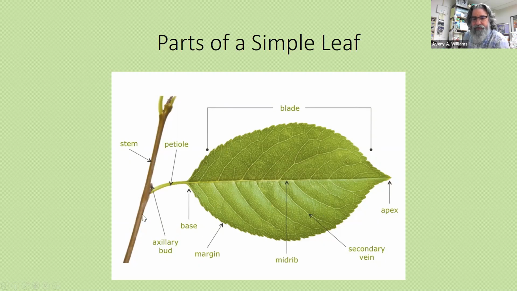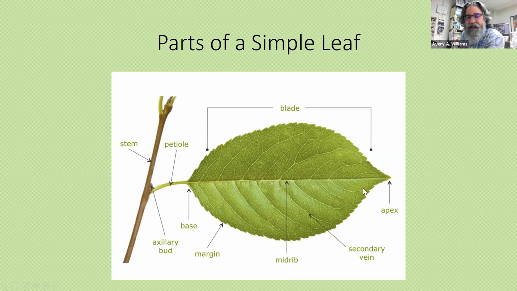That's the midrib. In the petiole and the midrib is all the vascular tissue, the xylem and phloem, that's going to branch out into the blade. Branches of the xylem and phloem out in the blade are the veins. So petiole, midrib, veins, that's pretty much it.